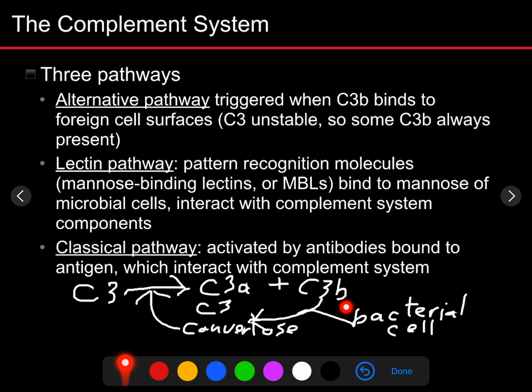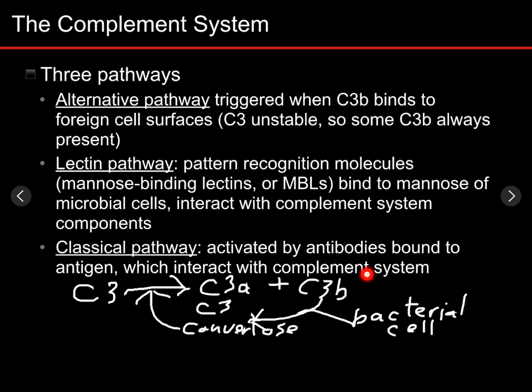But in the presence of bacteria, C3b embeds in the bacterial membrane and forms C3 convertase, which causes more C3 to split into A and B. That additional B also binds to bacterial membranes, forming more convertase, which makes more C3b, which binds to more bacteria, making more convertase, causing more C3b.